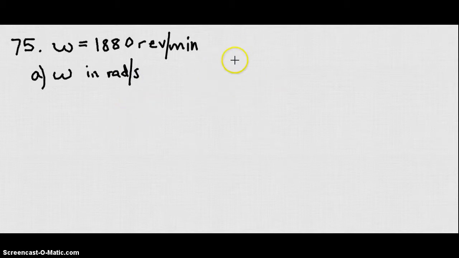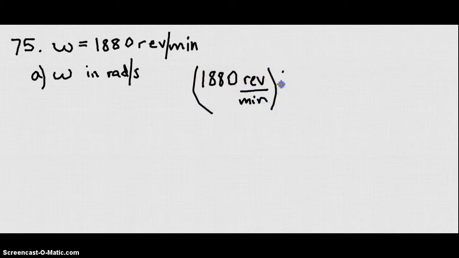So this is just a conversion. We have 1880 revolutions per minute. We know that there's 60 seconds in a minute, so let's get that into seconds by putting a minute on top and 60 seconds on the bottom. And then let's convert revolutions into radians.